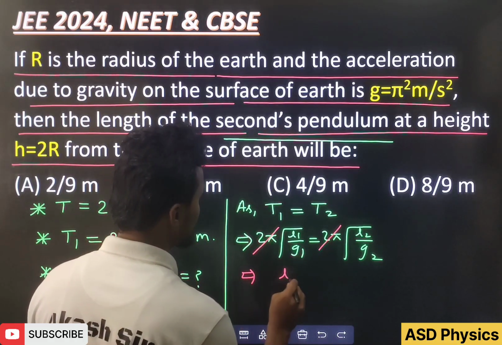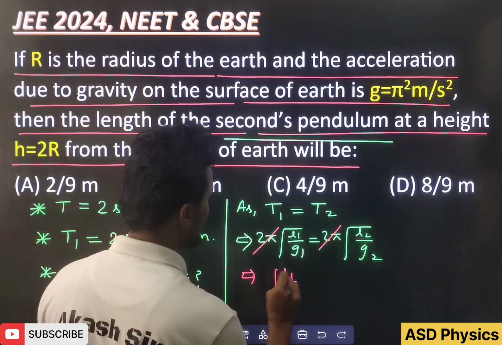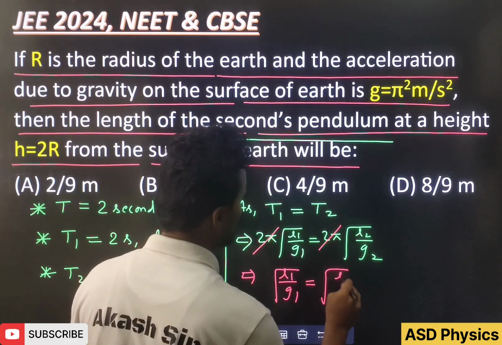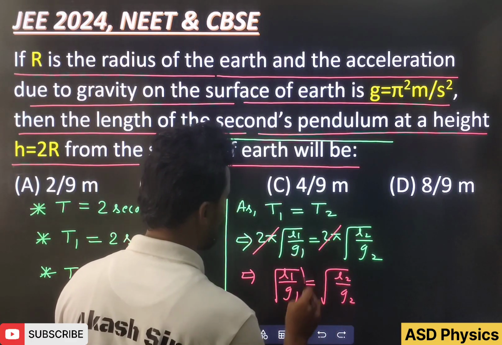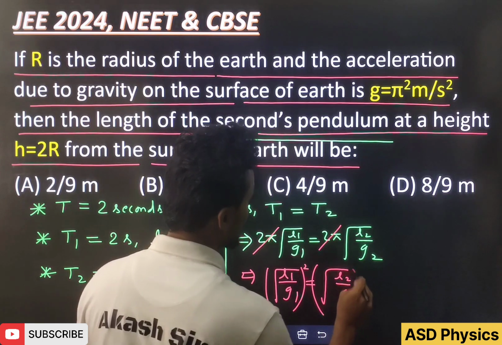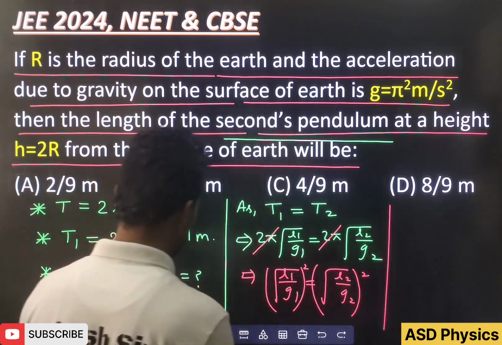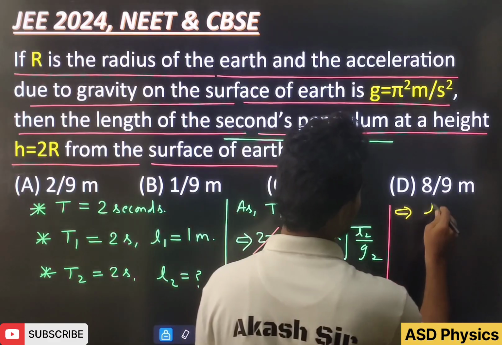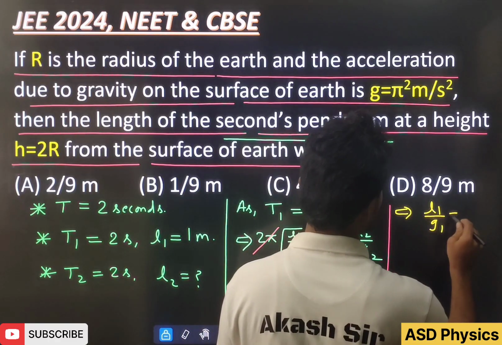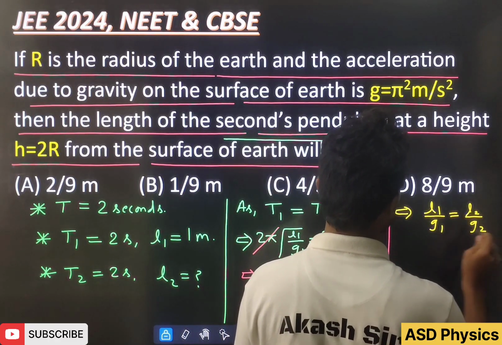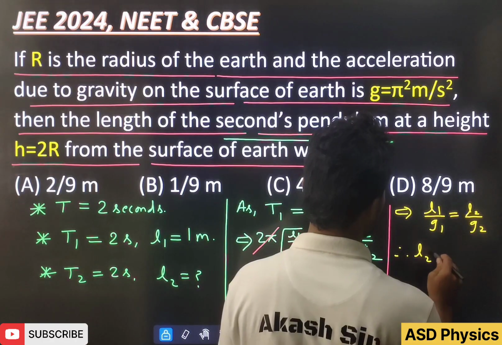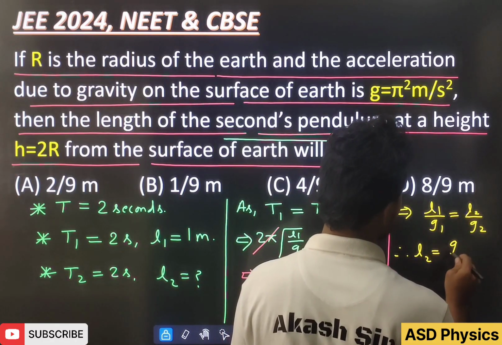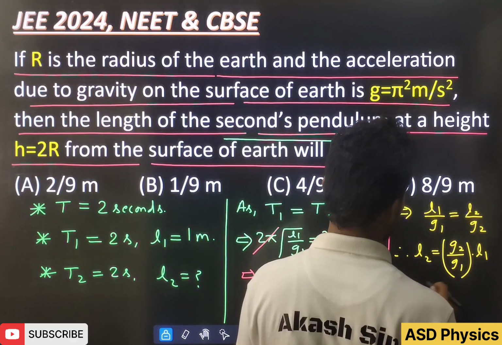So we can write the square root of L1 by g1 is equal to the square root of L2 by g2. Let's take the square on both sides, so it becomes L1 by g1 equals L2 by g2. Hence L2 is given by g2 by g1 times L1.